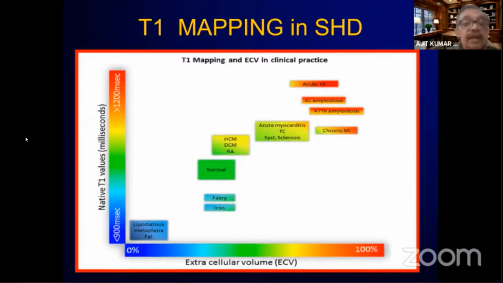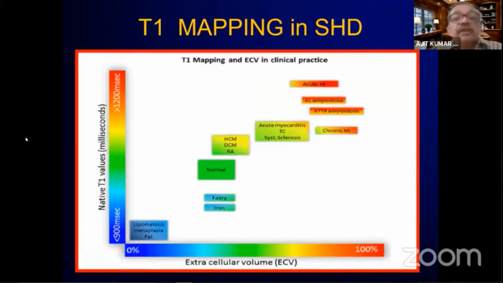While reduced T1 values are seen with iron overload, Anderson-Fabry disease and in lipomatous metaplasia. So typically, if you have a native T1 value, irrespective of whether it is color-coded or not, these values can tell you what the likely problem is going to be.